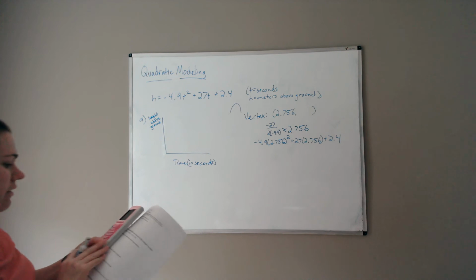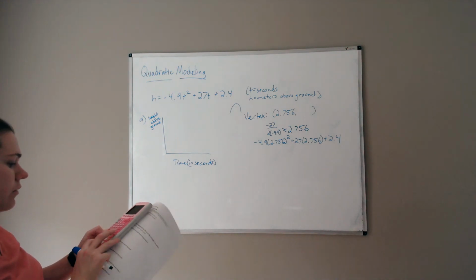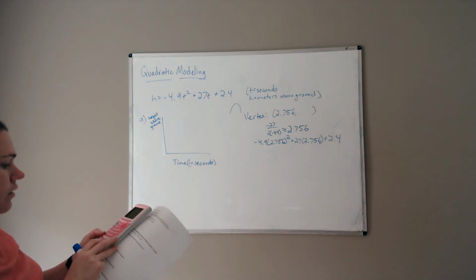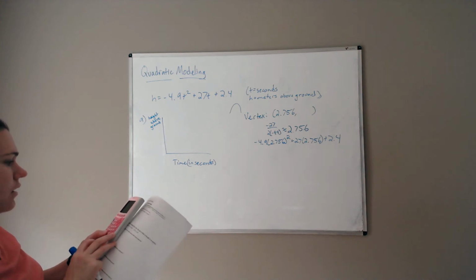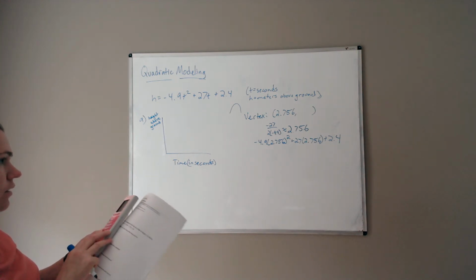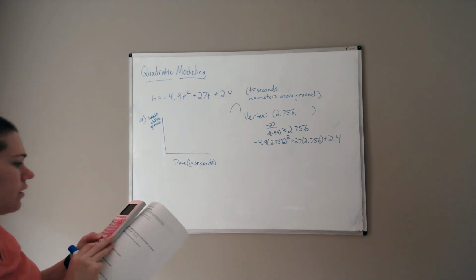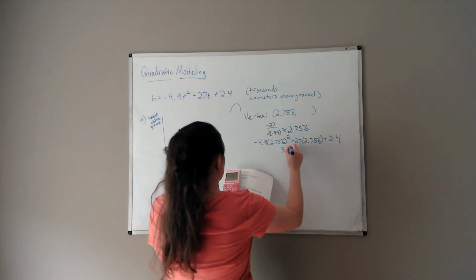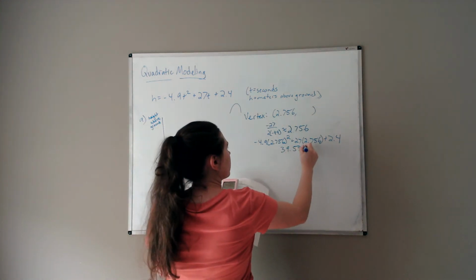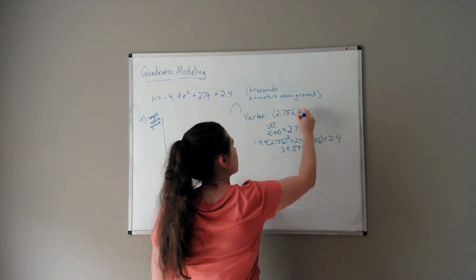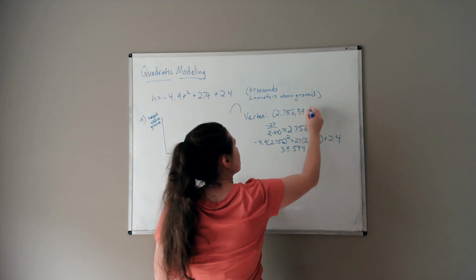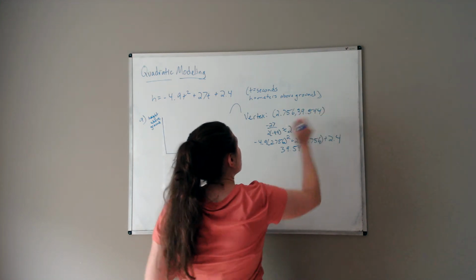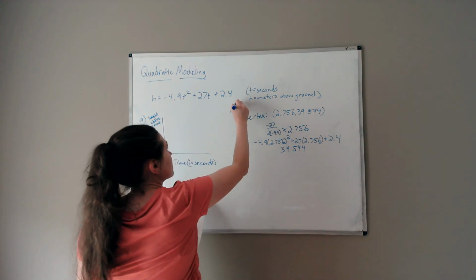That's going to give us 39.594. So if you think about it, this vertex is the maximum height.